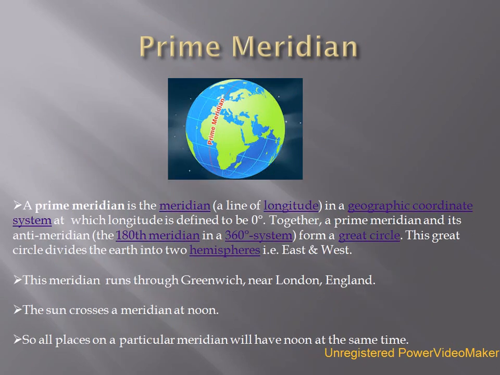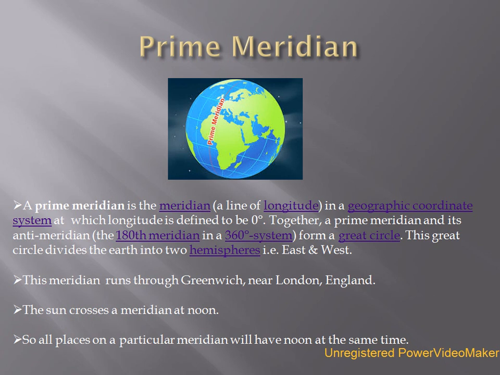Now coming to prime meridian. A prime meridian is the meridian, a line of longitude, both are same, in a geographic coordinate system at which longitude is defined to be 0 degree.